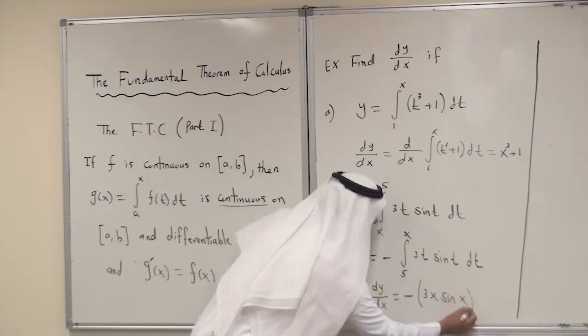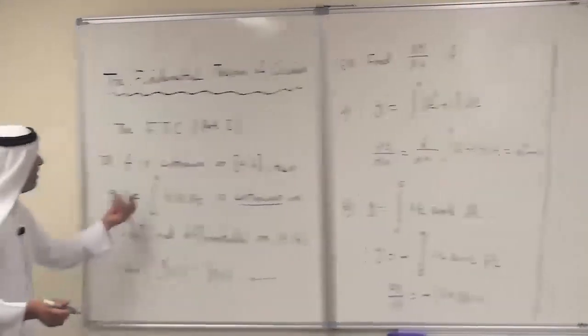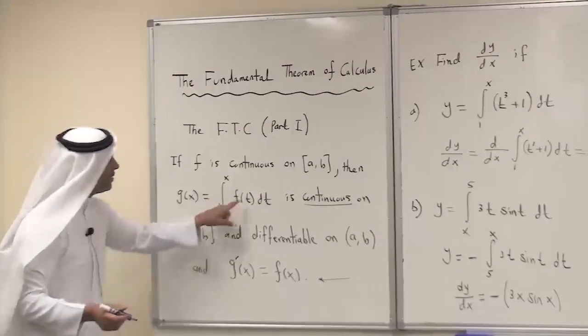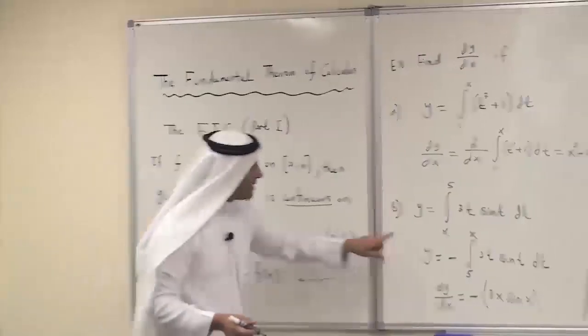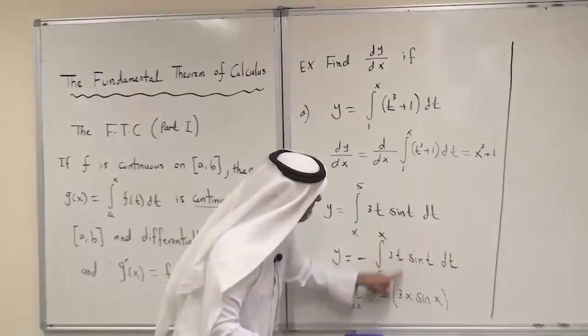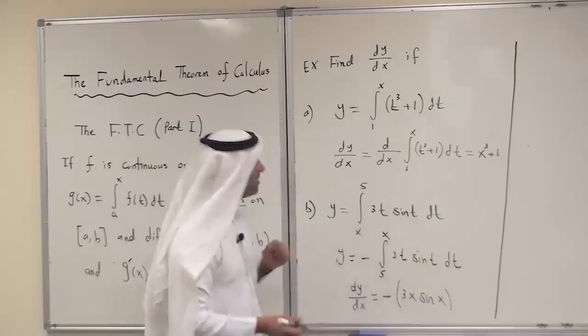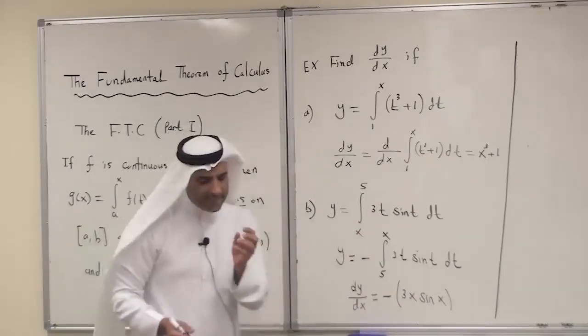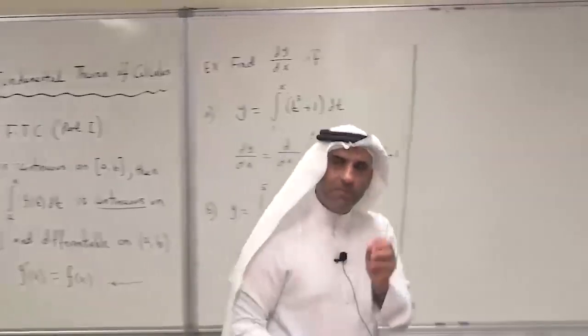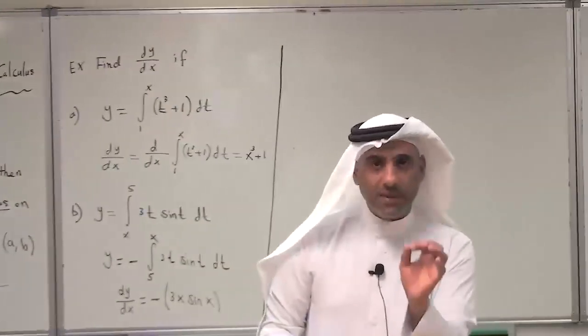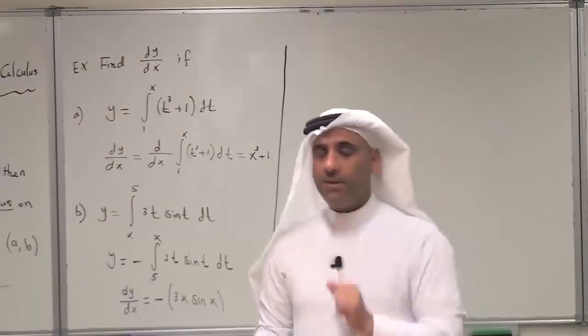What I need to do is just apply the fundamental theorem of calculus that says you just replace t by x. That's exactly what we did here. We replaced t by x. The minus sign came from the properties of integrals. That is the basic form of the fundamental theorem of calculus, part 1.